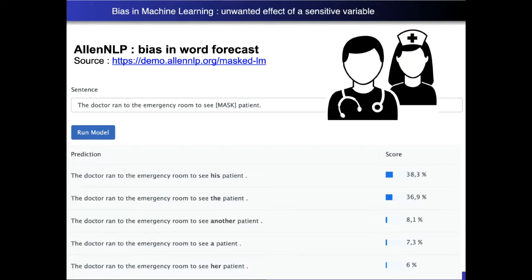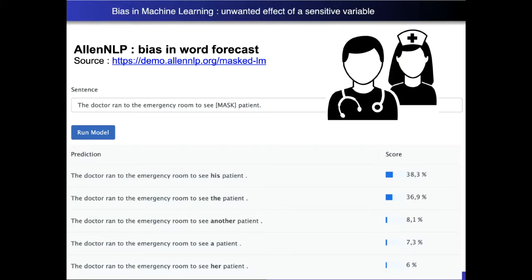So what does it mean? It means that you have built a model which is sexist, in the sense that the machine has learned that the doctor could be a man, but it's very unlikely that the doctor is a woman, since in English pronouns have gender, and "her patient" would mean that the doctor was a female.